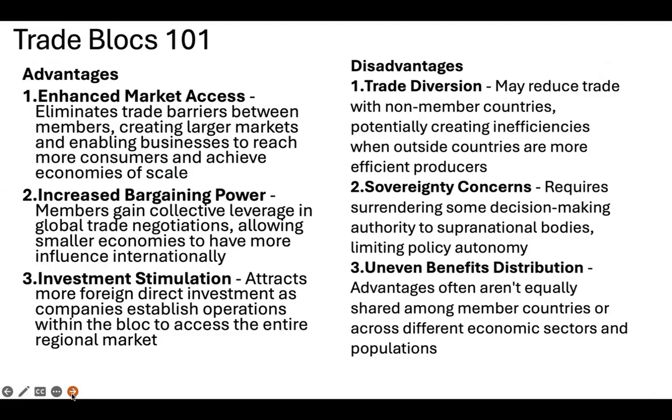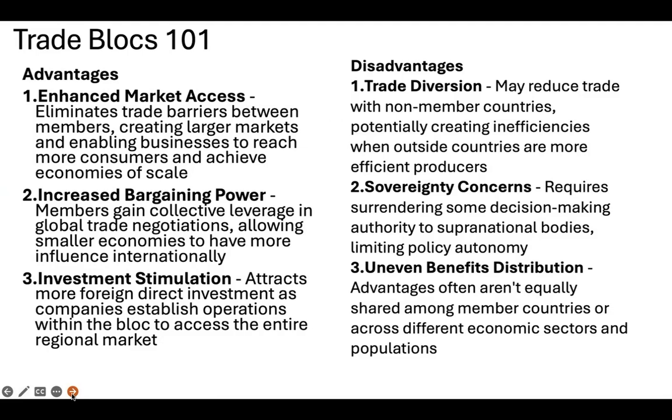So ASEAN, for example, is able to negotiate more favourable trade terms out there in Asia with huge economic giants like China and Japan, because they act as a bloc together. And of course, because they're such huge internal markets, they can attract investment.